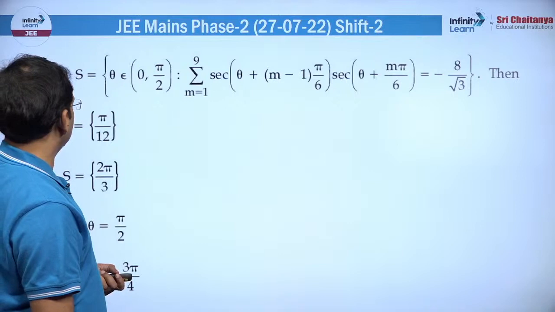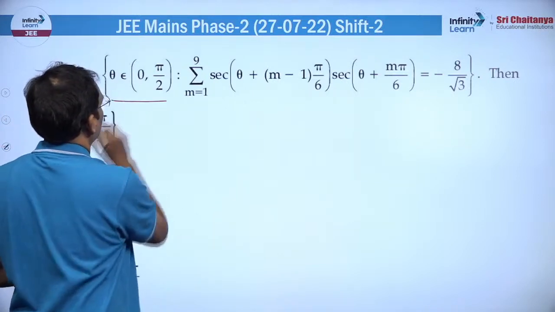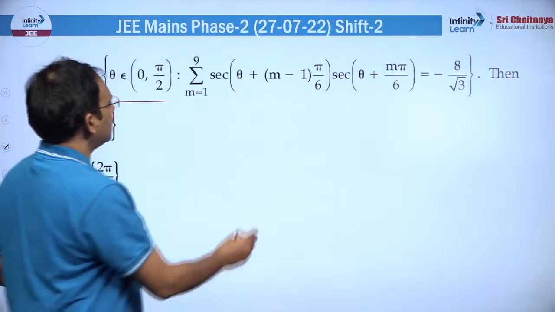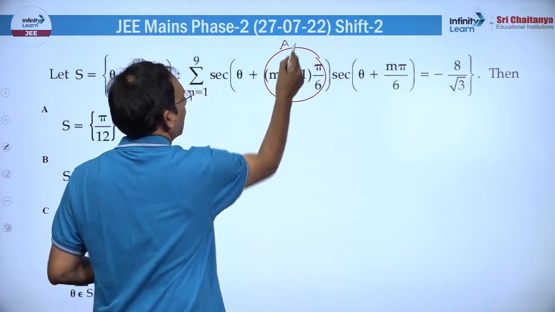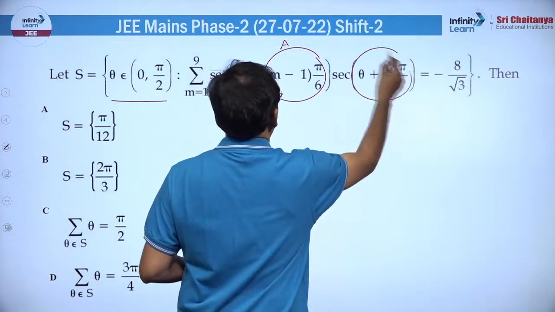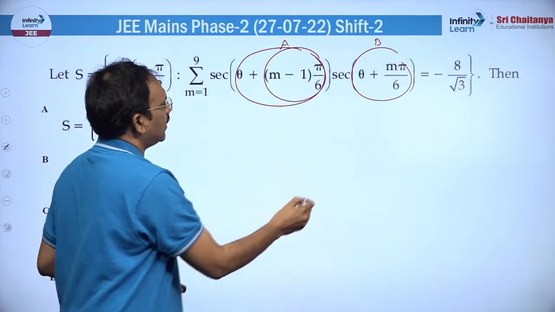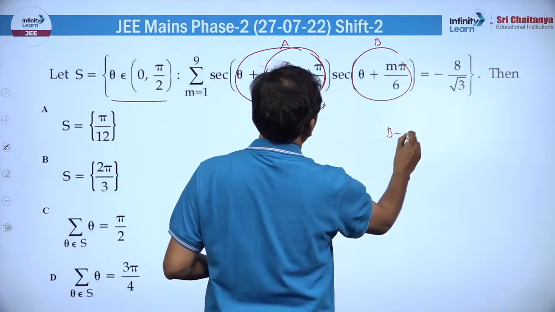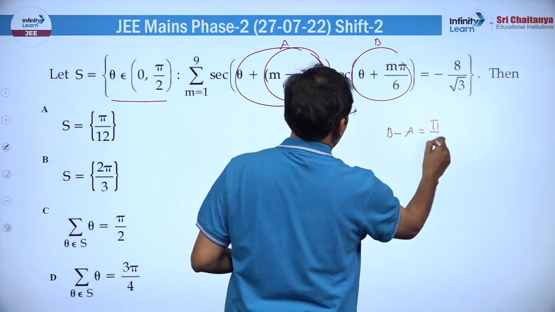Next question. You see this question, yes, is having all theta 0 to pi by 2. You see, my dear friends, for some time suppose this is angle A, this is angle B. You can observe that B minus A is going to be pi by 6, am I correct?